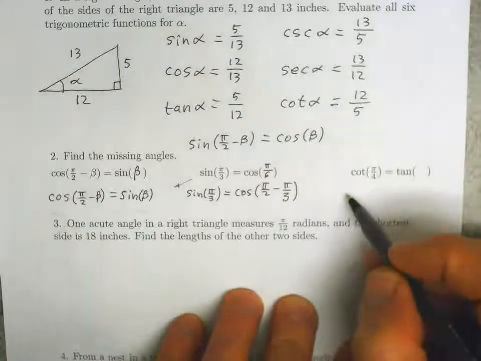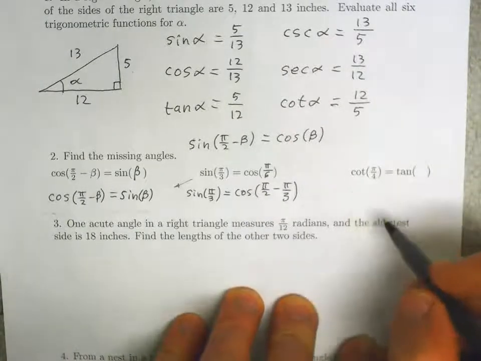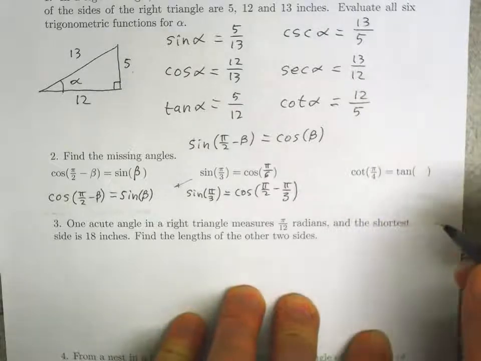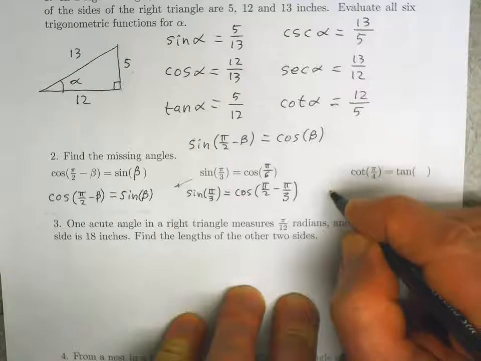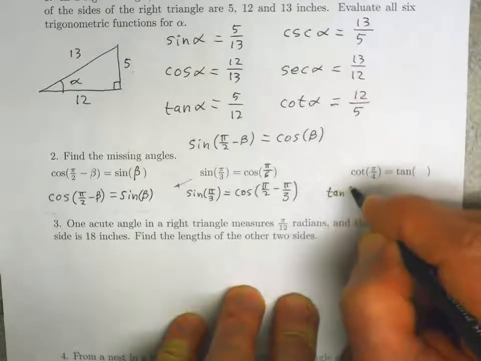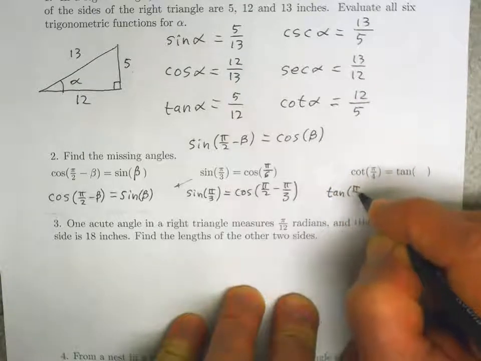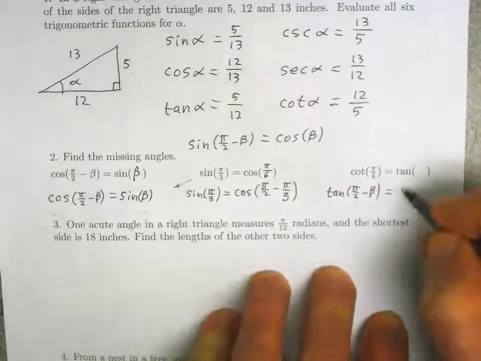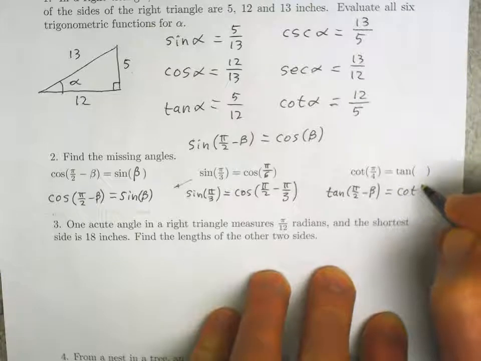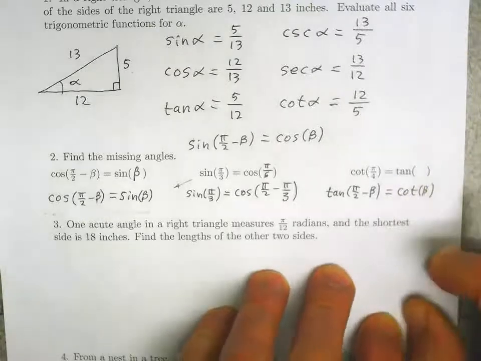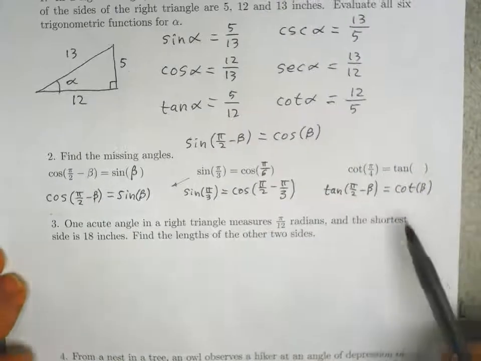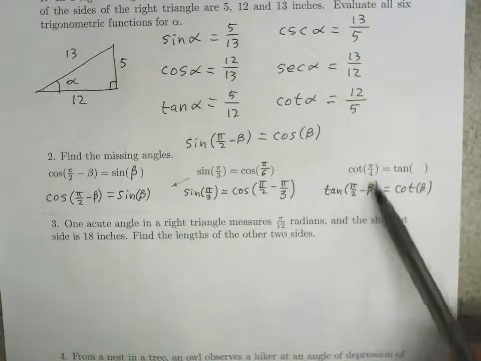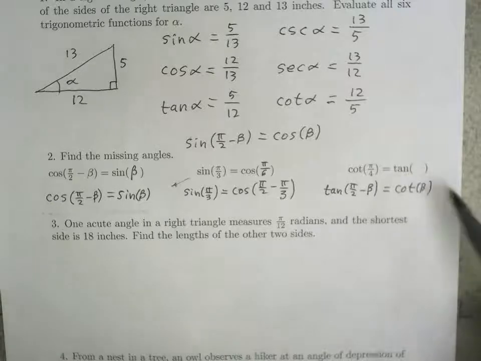The cofunction identities also apply to cotangent and tangent. So, in other words, tangent of pi over 2 minus beta is equal to cotangent of beta. We already know that cotangent of pi over 4 equals 1 and tangent of pi over 4 equals 1.